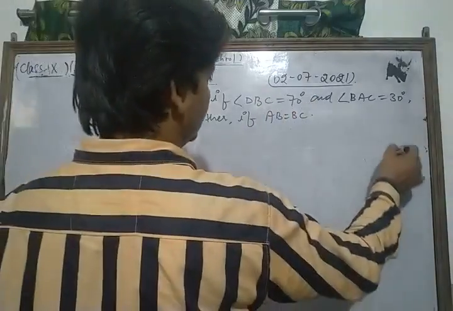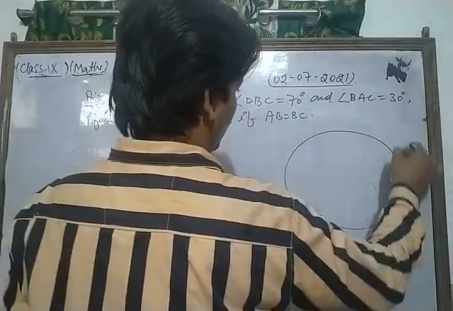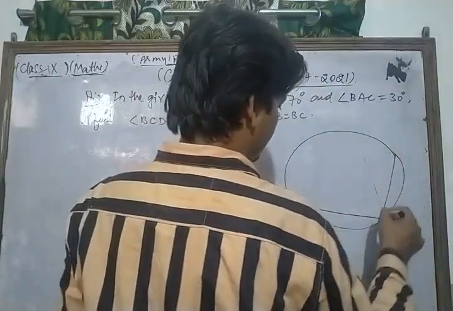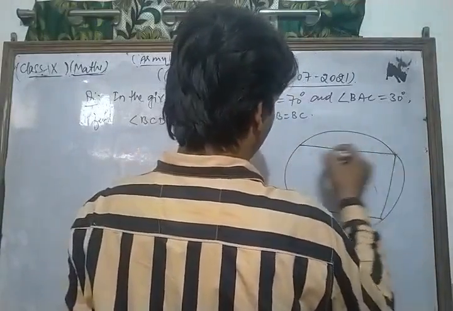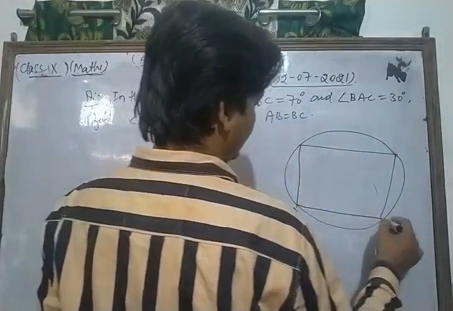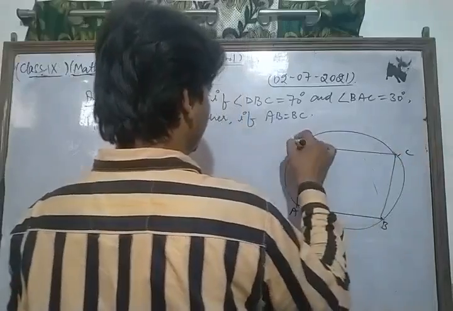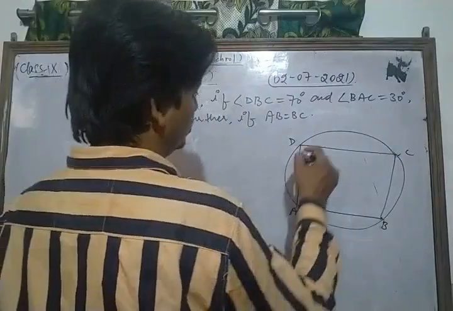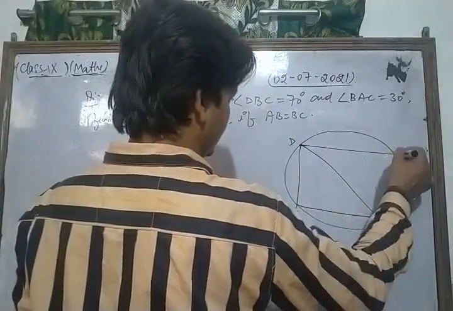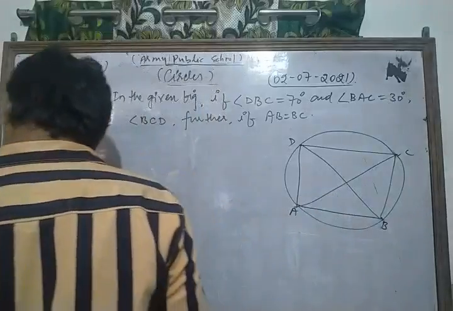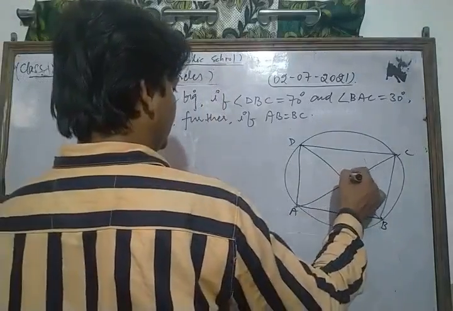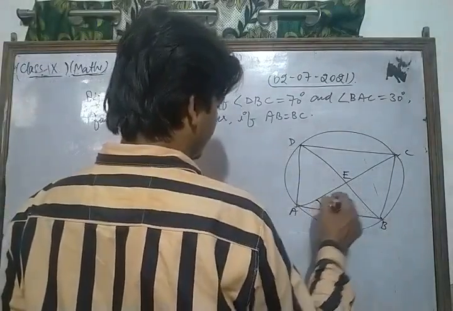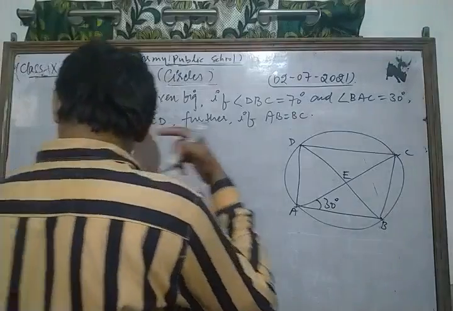And your figure is, look, this is the figure: A, B, C, D. Join its diagonals in this way, intersecting at point E. This is given as 30 degrees and this is given as 70 degrees.